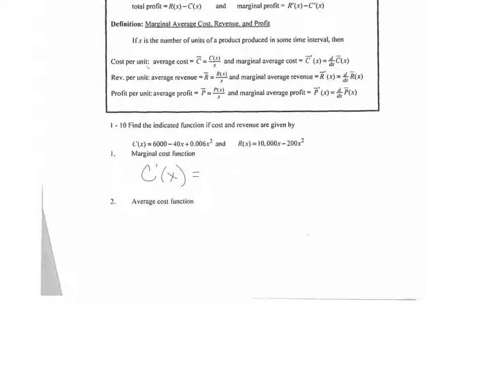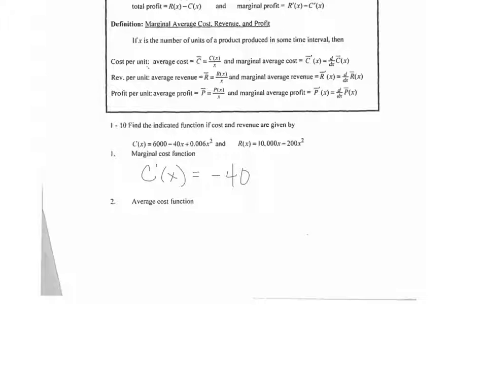What's the derivative of 6,000? 0, because it's a constant. Second term is negative 40x. So what do you get when you differentiate that? Negative 40. And then differentiate the last term, 0.006x squared. What am I going to need to do with that?